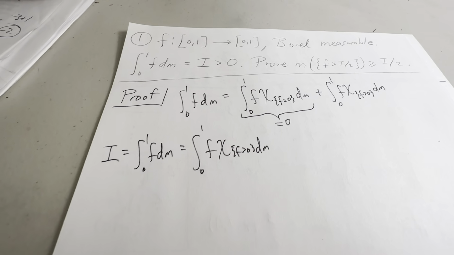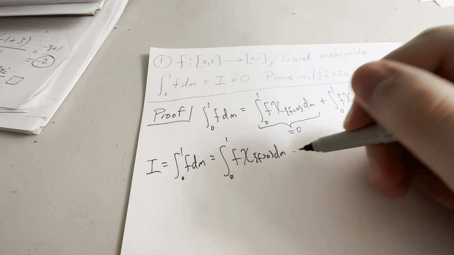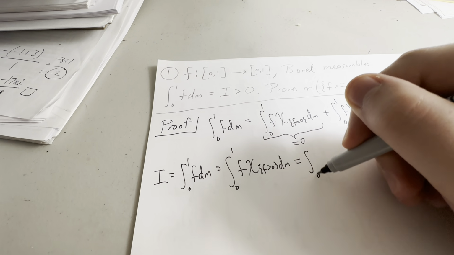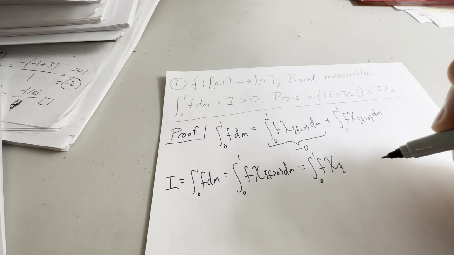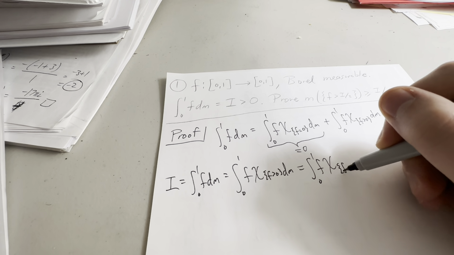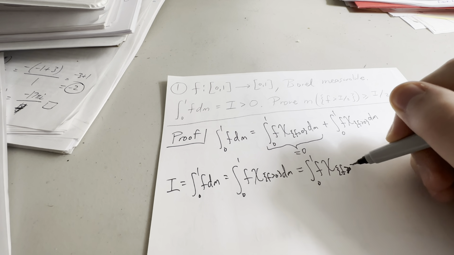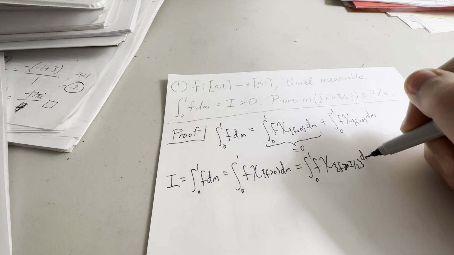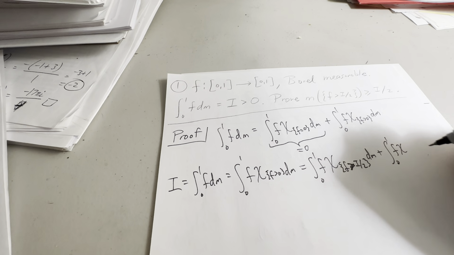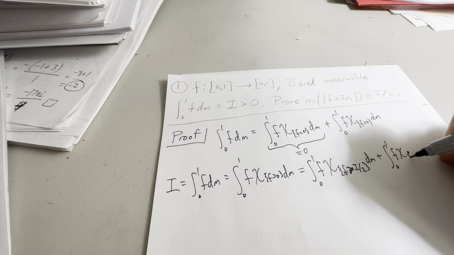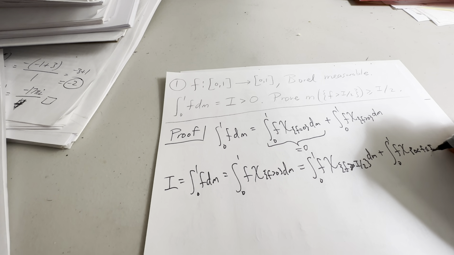So what I can do is call this the integral from 0 to 1 of f times the characteristic function of the part where f is bigger than I over 2 dm, plus the integral from 0 to 1 of f times the characteristic function of 0 less than f less than or equal to I over 2.